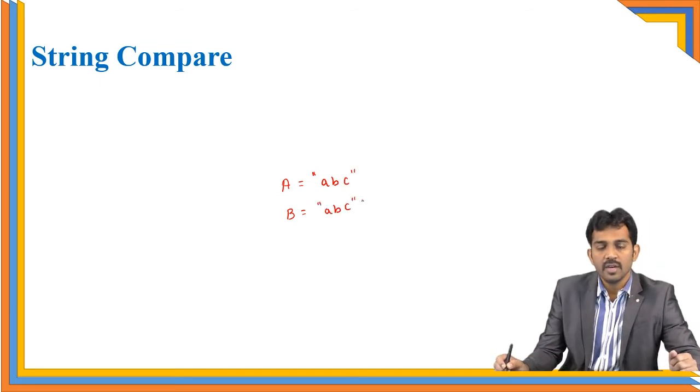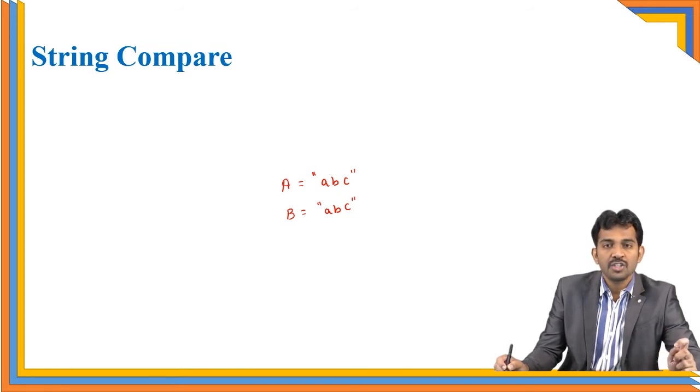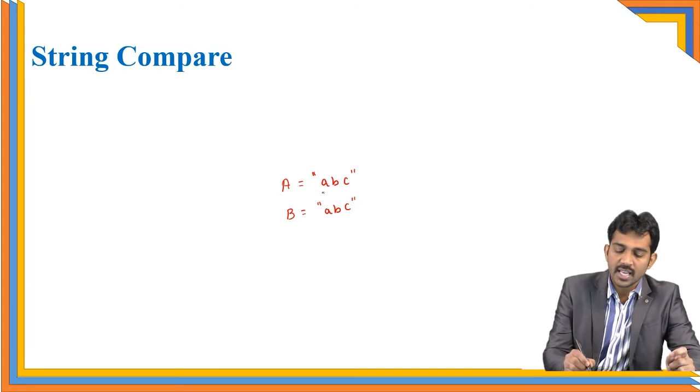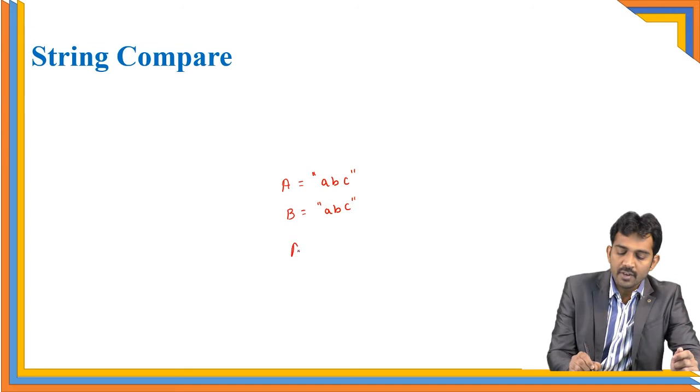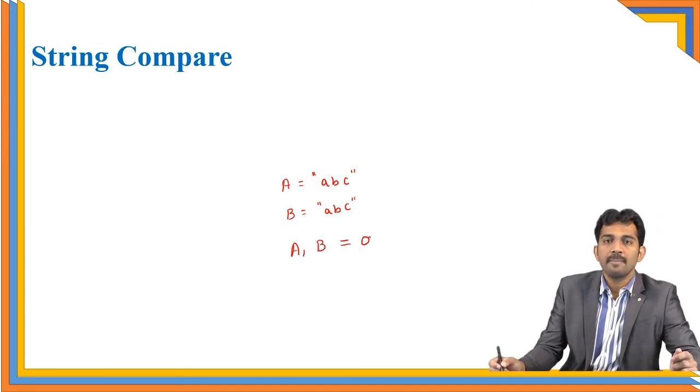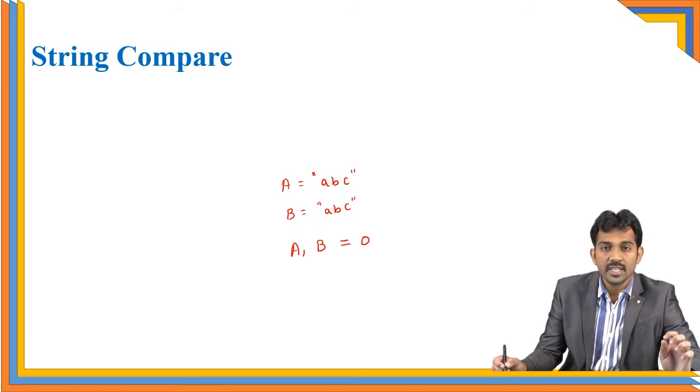The 2 strings are equal. Here, the string compare function is going to take the first character initially. If the first character is the same, it goes to the second character. If the second character is also the same, it goes to the third character. Like that, it goes through all the characters. All the characters match, so compare of A comma B is 0. Please note this.